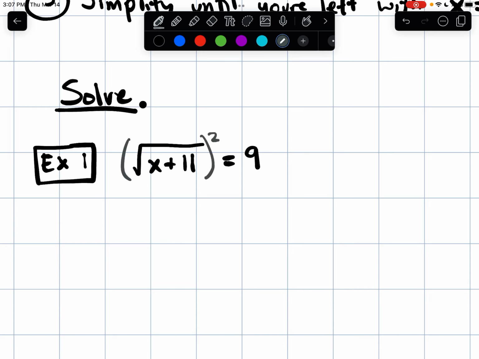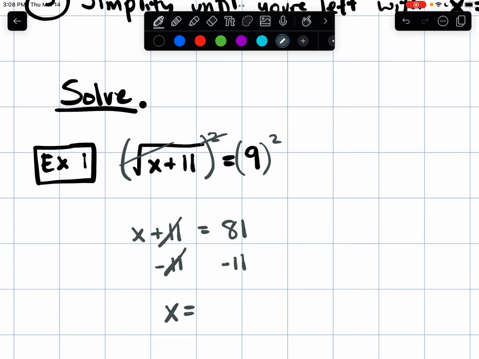If I square the left, I also have to square the right. The square root and the square undo each other, so I'm just left with x plus 11, and this is going to equal 81. That's 9 times 9. Next, I'm going to subtract 11 on both sides, and we find out that x is equal to 70.